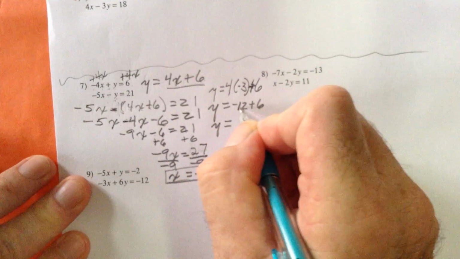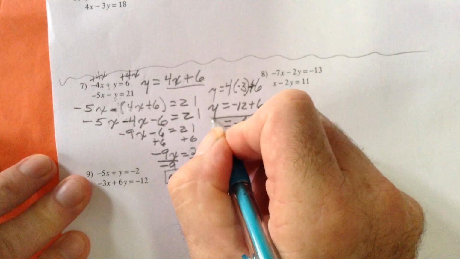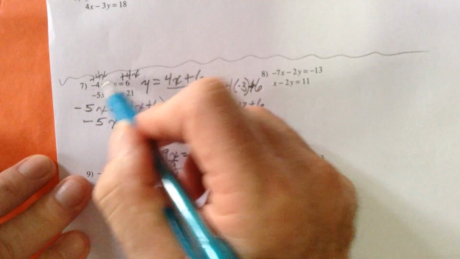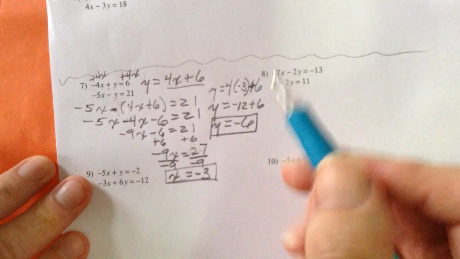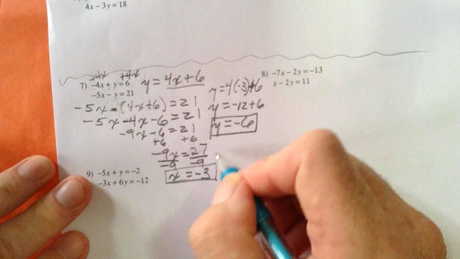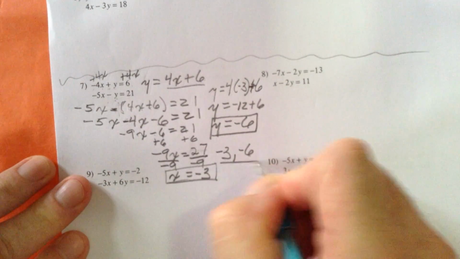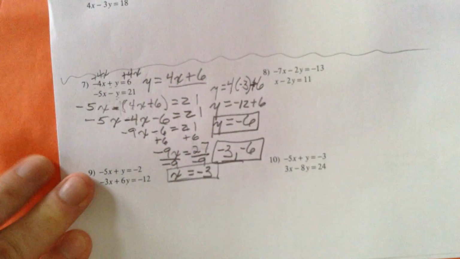So y equals negative 6. So if we graph these two lines, they will cross at x equals negative 3 and y equals negative 6. So that would be the answer.